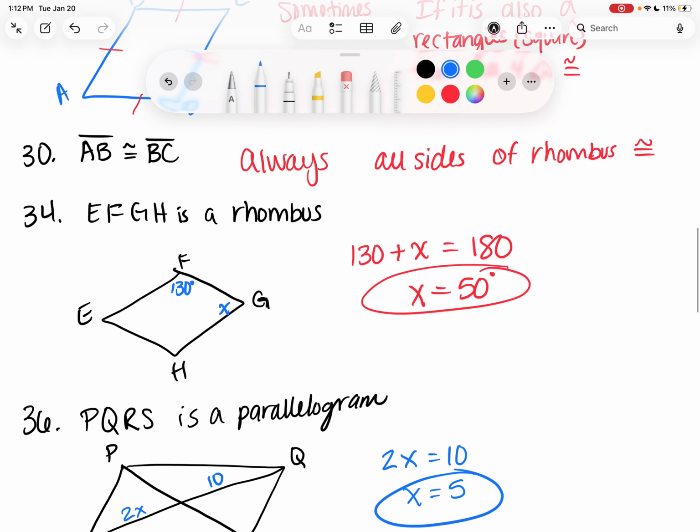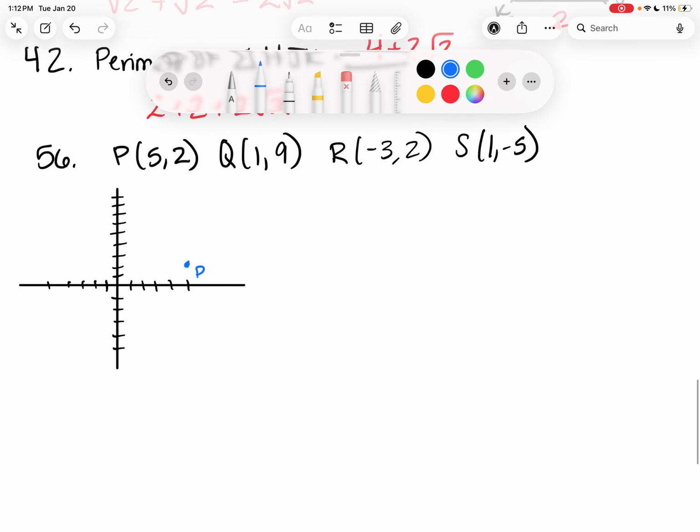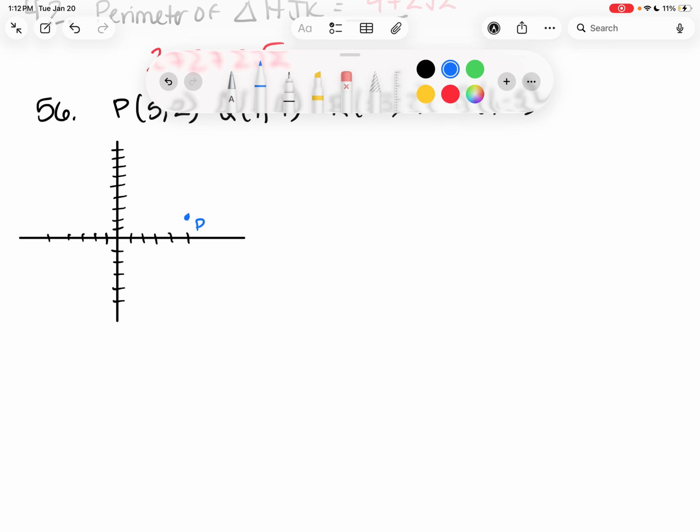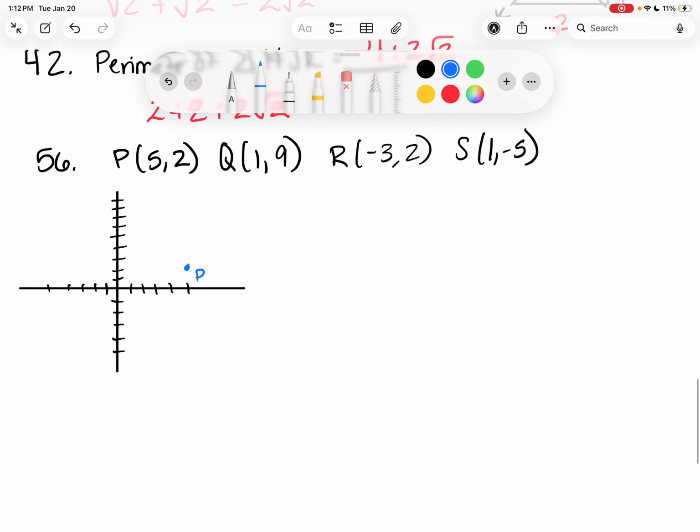There's point P. Then Q is (1, 9), so right 1, up 9. R is (-3, 2), so that's left 3, up 2. And then S is (1, -5). So that's S.